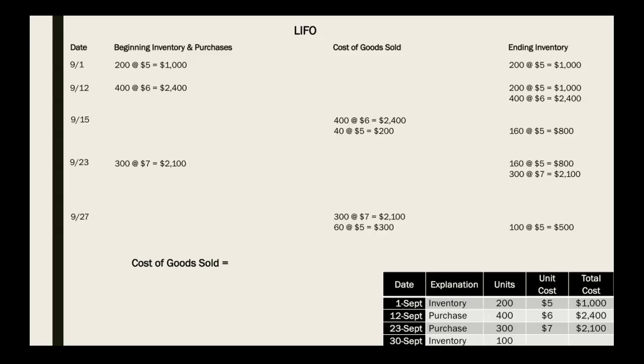So now we can calculate our cost of goods sold. It's going to be the same process as it was for FIFO. We need to take all of the totals of our two sales, so 2,400 plus 200 plus 2,100 plus 300, and the sum of that will give you a cost of goods sold of $5,000.